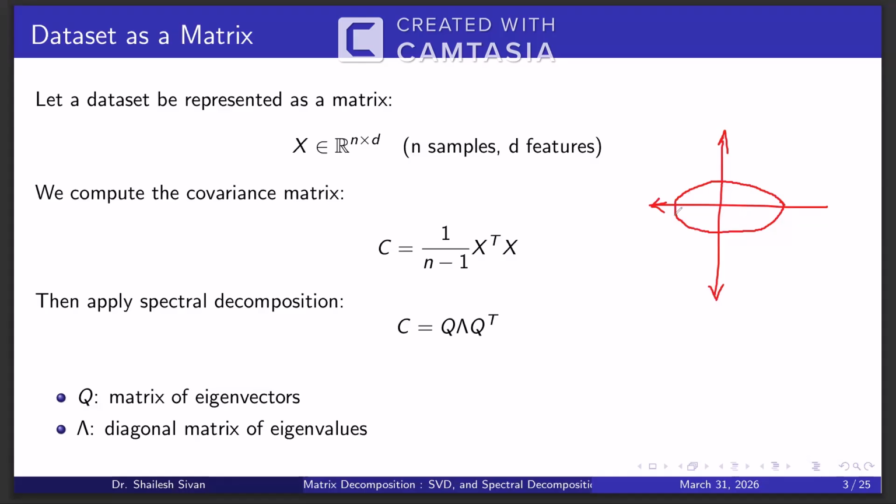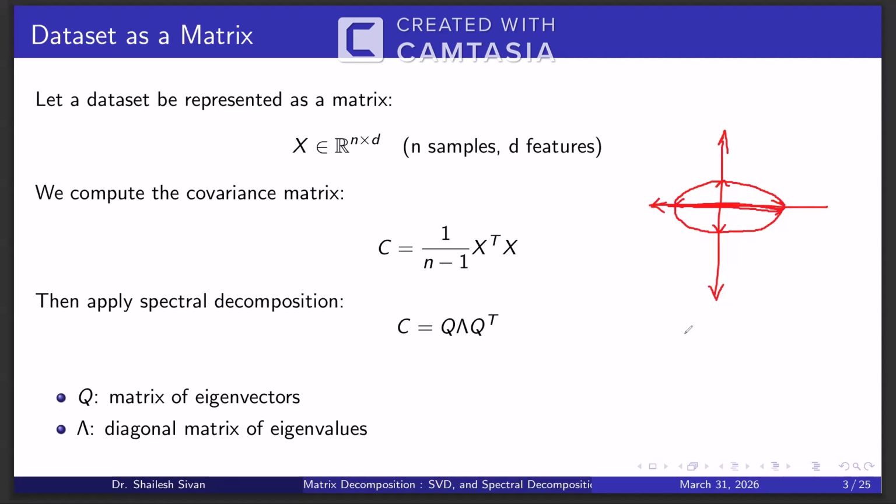That ellipse represents that in the x direction, the range of values, or the variance, is high, and here the variance is less.